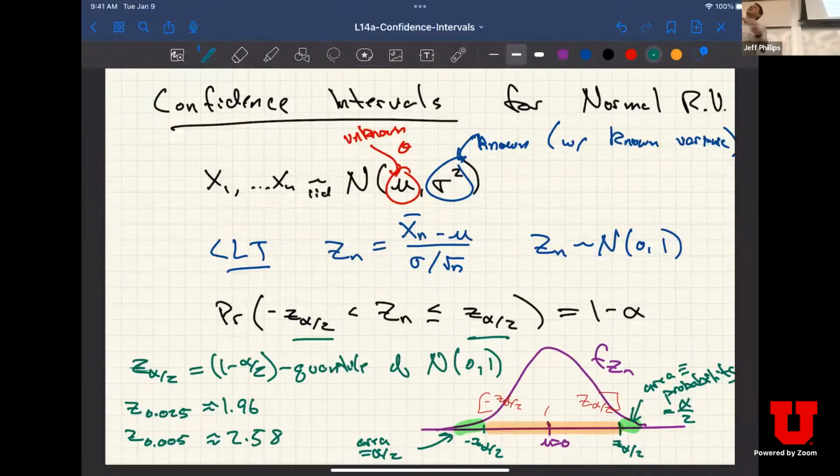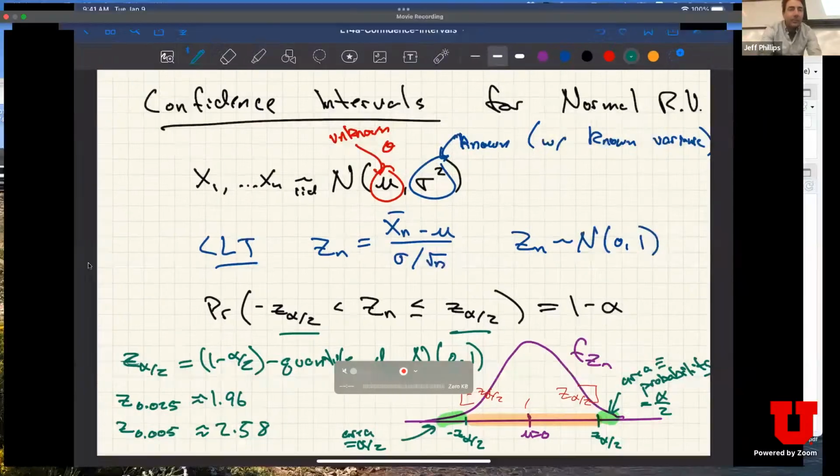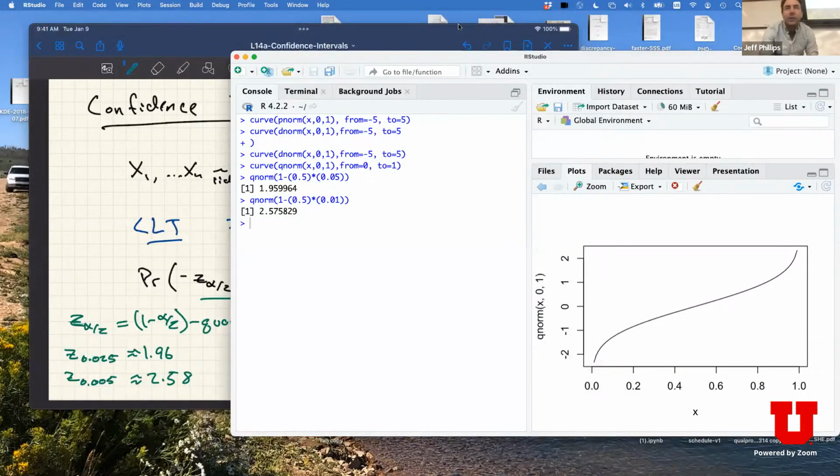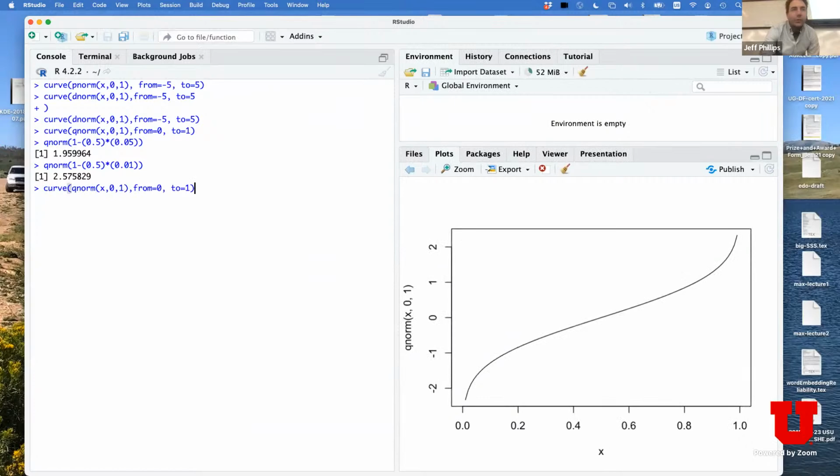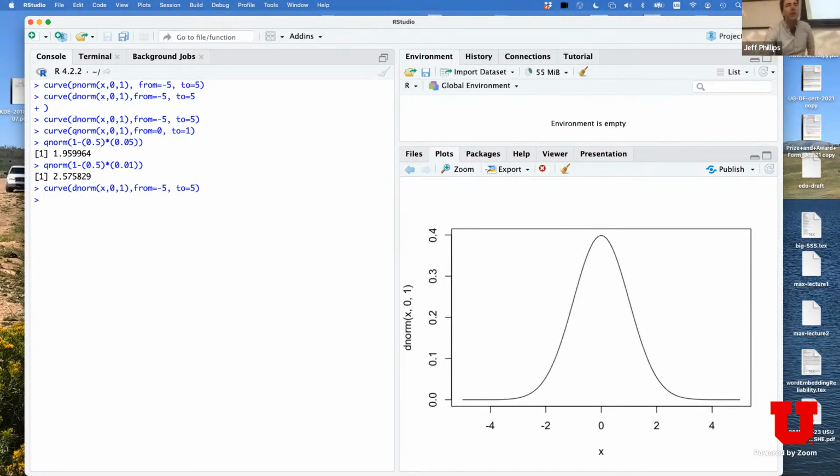I don't expect you to totally memorize these, but if you were to calculate them, you're basically looking them up in a table. Since these are really common choices of alpha, someone might hard code them into what they're doing. If you wanted to calculate this in R, this is the standard normal distribution, and you have this quantile function.